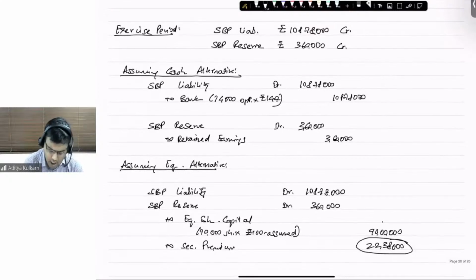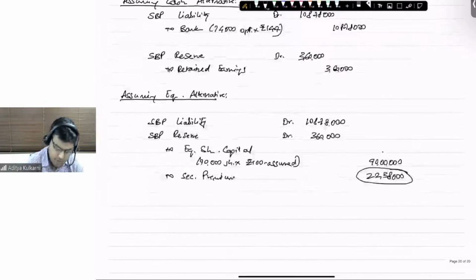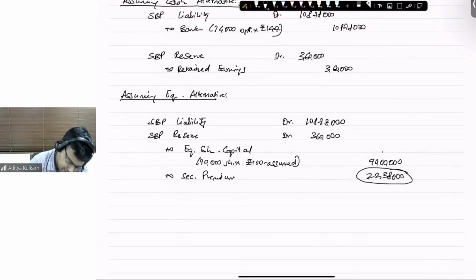Here we have taken the fair value because there is no exercise price which is given, Soham. That is why he will not pay anything. Means nothing will be deducted. Entire fair value will be paid to him. So initially what we have recorded, basis that only we do the settlement.